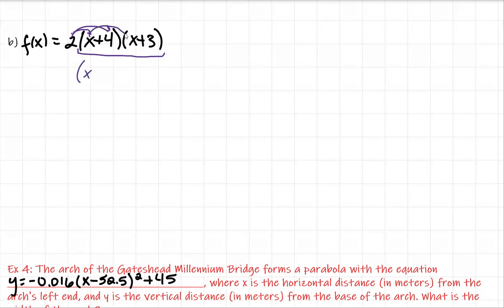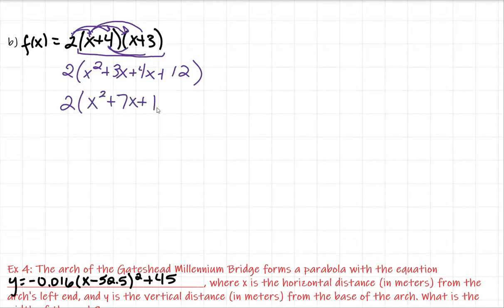I get x times x is x squared, x times 3 is 3x, 4 times x is 4x, 4 times 3 is 12. All with that 2 out in front. X squared, combine like terms, that's going to be 7x plus 12. And then my very last step is to distribute the 2 to everything. 2x squared plus 14x plus 24.